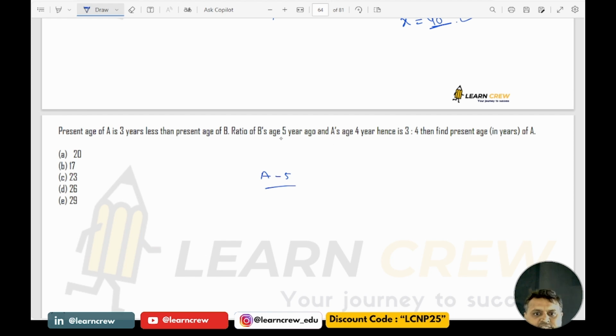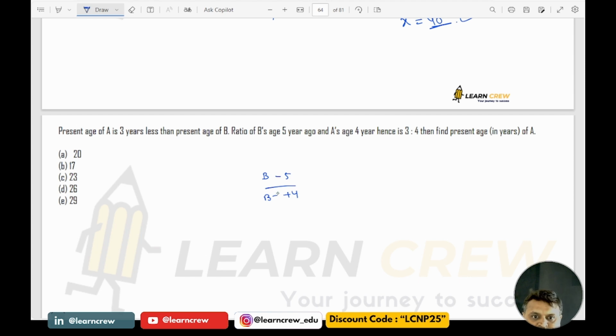And A would be how much given? A is given as B minus 3. Present age of A is 3 years less than present age of B.